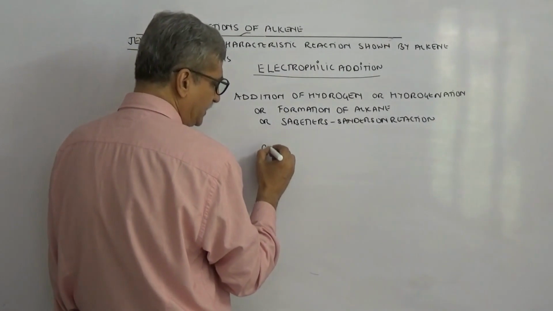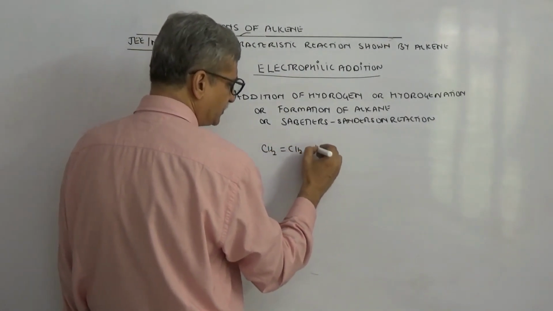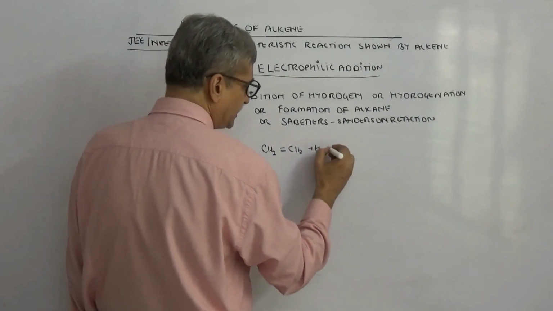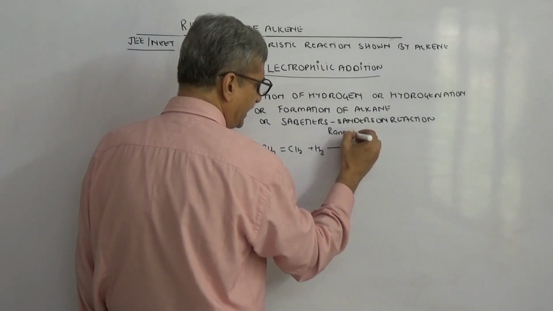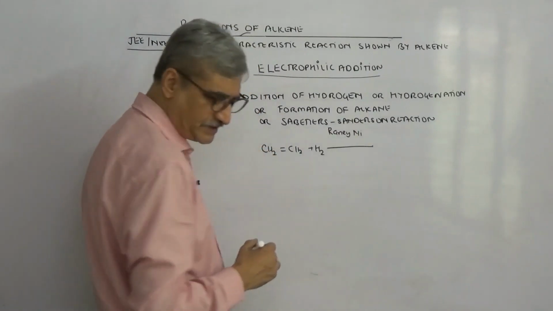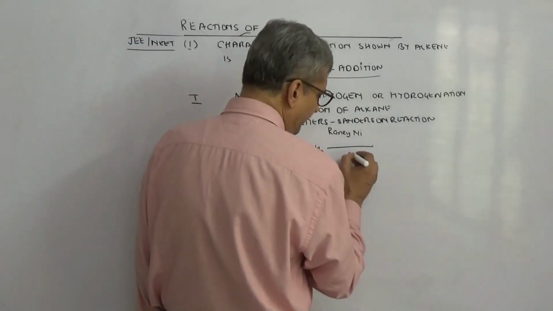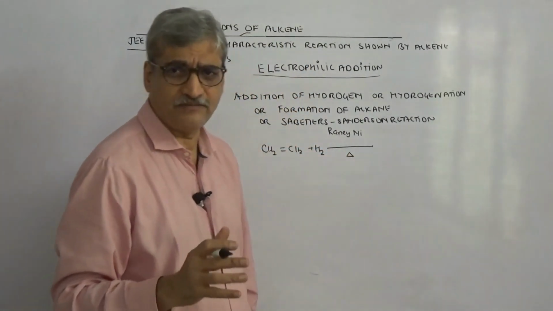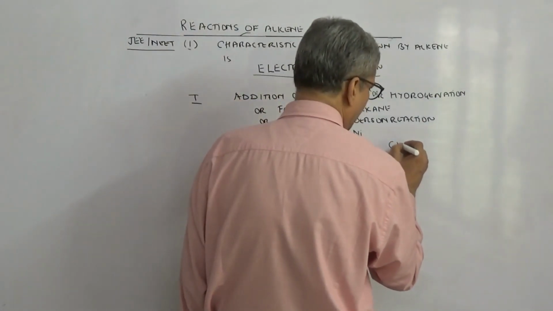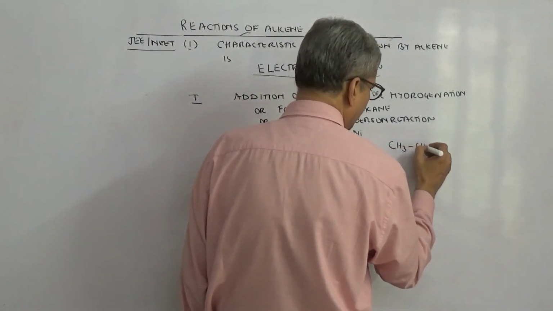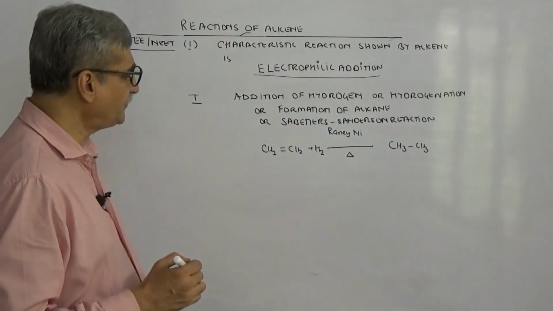You have an alkene, CH2 double bond CH2, bubble hydrogen gas in presence of finely divided Raney nickel. At a temperature, if I heat it, around 450 Kelvin approximately we require. And what happens is you get an alkane, CH3. Is this point clear? So this is the first reaction.